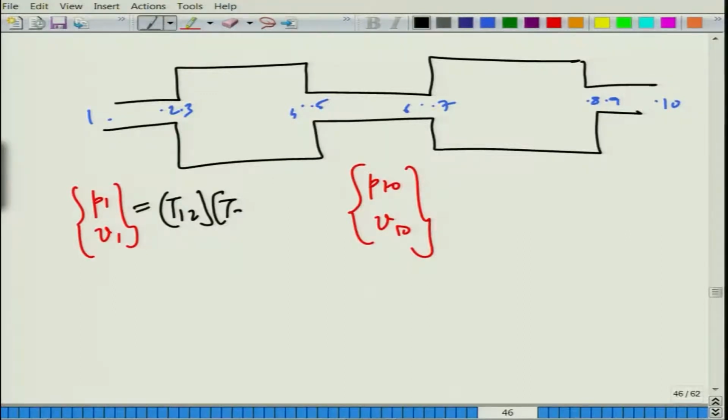So, one needs to write the transfer matrix between 3 and 4. Like this, if we keep multiplying, we will get the things up to T9,10.